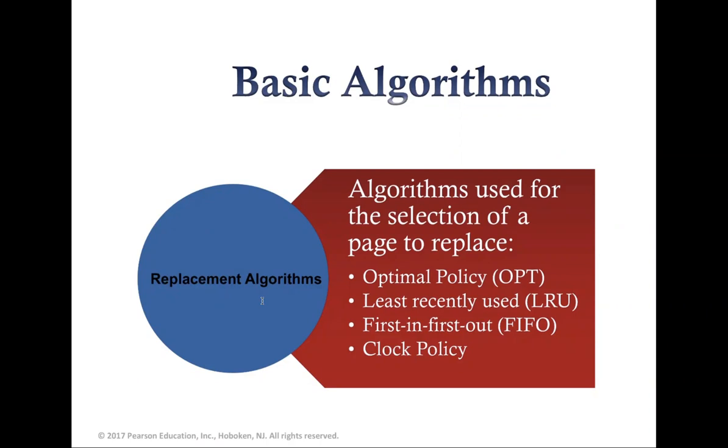The basic algorithms used just for replacement could be one of four. The first one is the optimal policy, or the least recently used replacement algorithm, or the first in, first out replacement algorithm, or the clock policy.